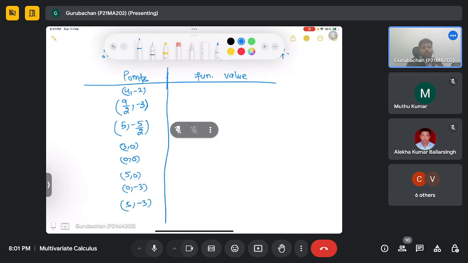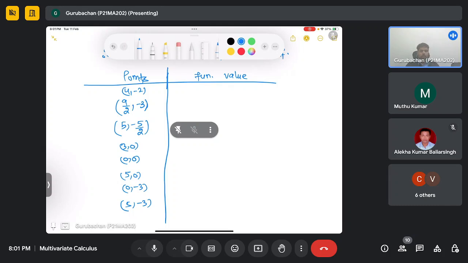Then we need to check whichever point corresponds to the maximum functional value. That point will behave as absolute maxima, and whichever point corresponds to the minimum value, that point will be considered as absolute minima. So I hope you can find out these values.